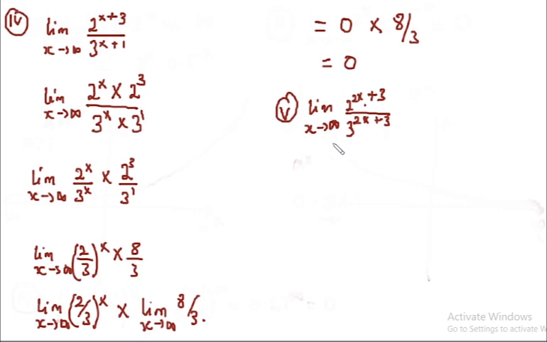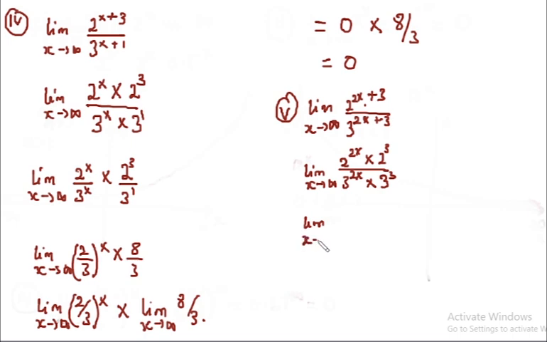So this would look like the limit as x approaches infinity of 2 to the power of 2x times 2 to the power of 3, divided by 3 to the power of 2x times the base number still 3 to the power of 3.